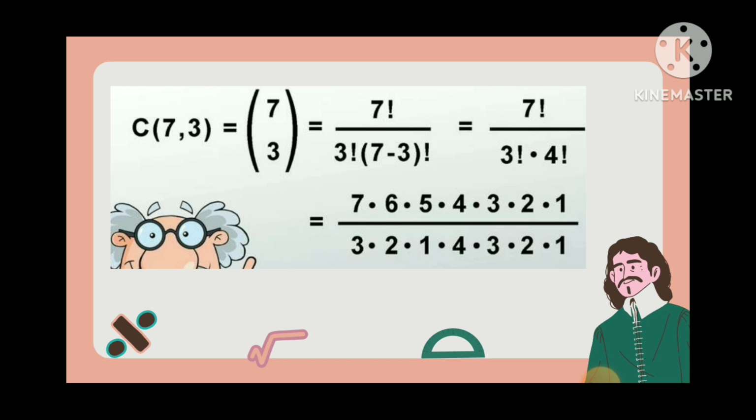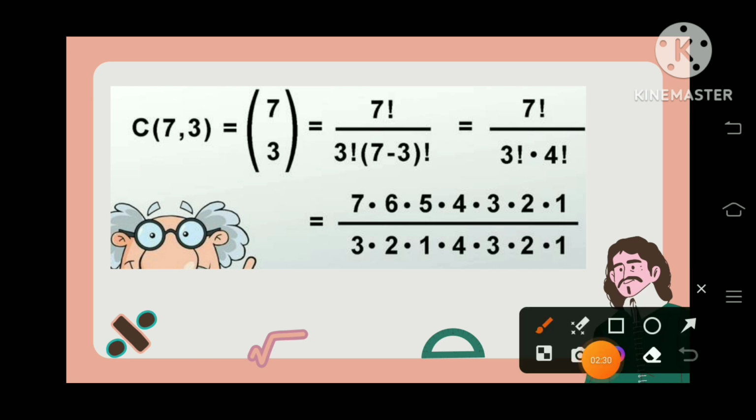So 7 factorial in our numerator is equal to 7 times 6 times 5 times 4 times 3 times 2 times 1, over our 3 factorial, which simply means 3 times 2 times 1, and 4 factorial, which is equal to 4 times 3 times 2 times 1.